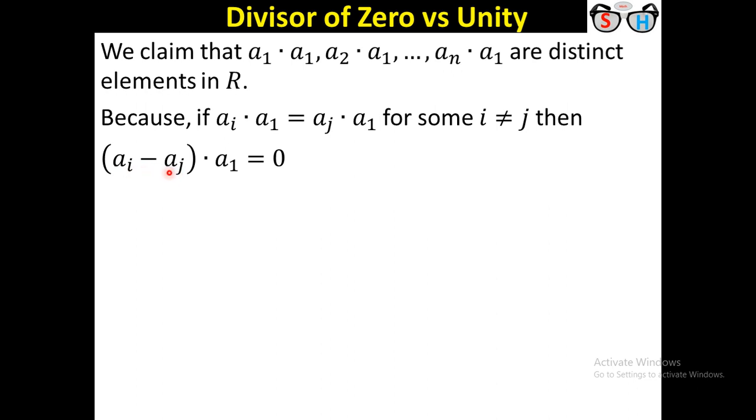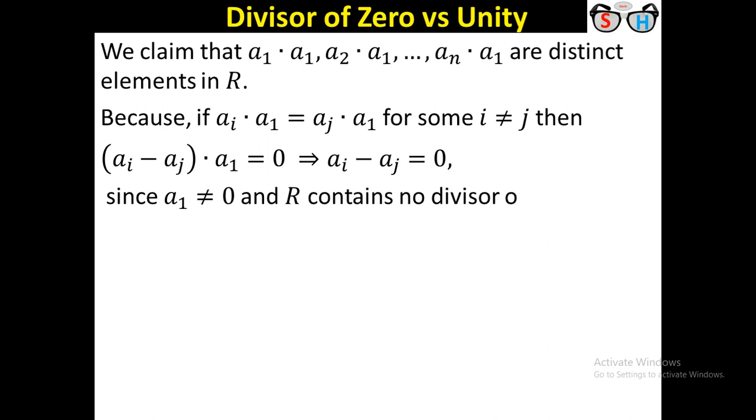Otherwise, if it is non-zero and a1 is also non-zero, then the product must be non-zero, because R contains no divisor of 0. This implies that ai − aj is equal to 0, because a1 is non-zero and R contains no divisor of 0. So ai − aj equals 0, that implies ai equals aj.